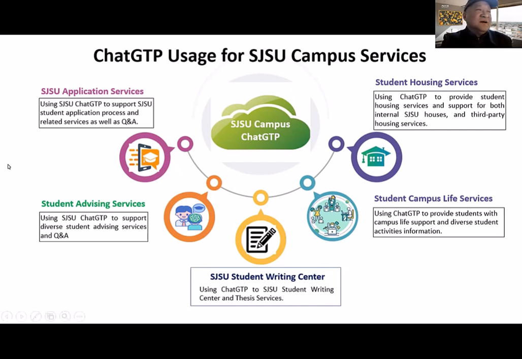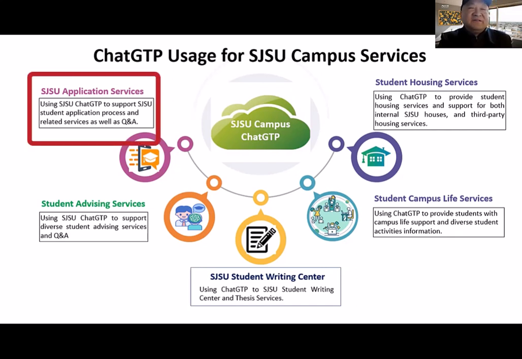For instance, we can use ChatGPT with more training data, especially on the SJSU campus. For instance, to support application service, because I hear a lot of neighbors complain about the SJSU application process. Usually no one answers the phone.